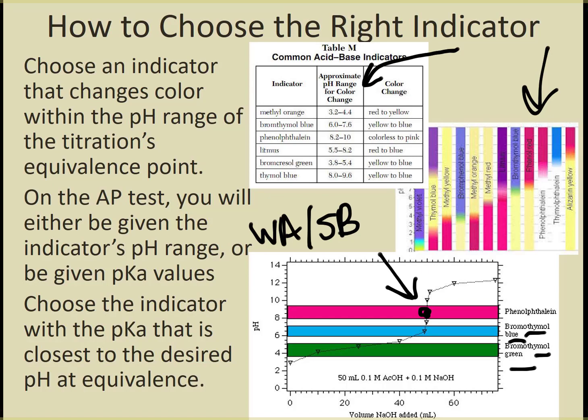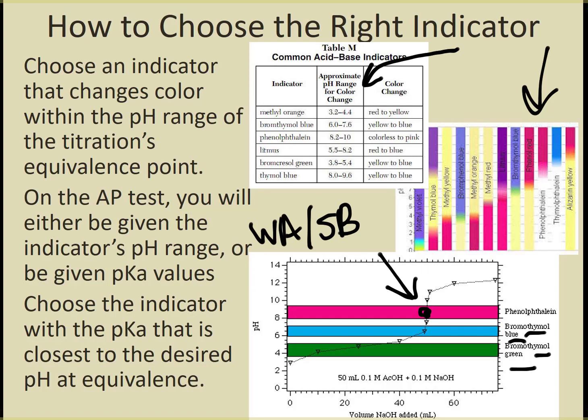So you want something that's within 1. Okay, so if it changes color like at a 6 or like at an 8, and you know it's a strong acid, strong base, which is a 7 as the equivalence point, then that would be okay. So you just want to get as close as possible to what that equivalence point is going to be.